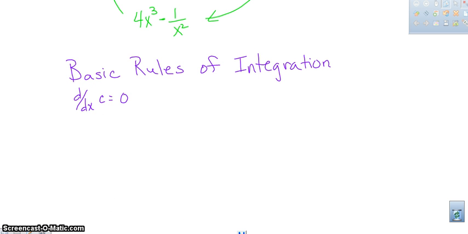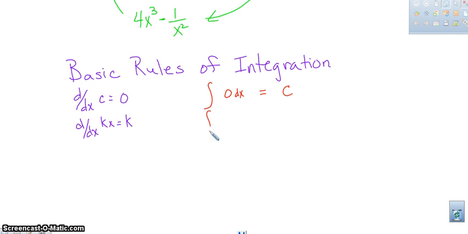Remember that? Okay, so if you integrate 0, that equals a constant. If I take the derivative of kx, so some number times x, like 4x, the derivative of that was just k.